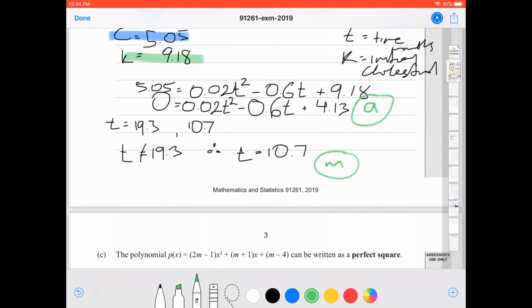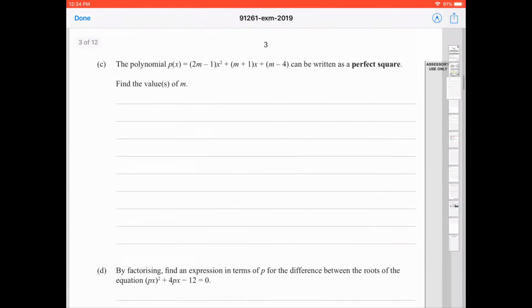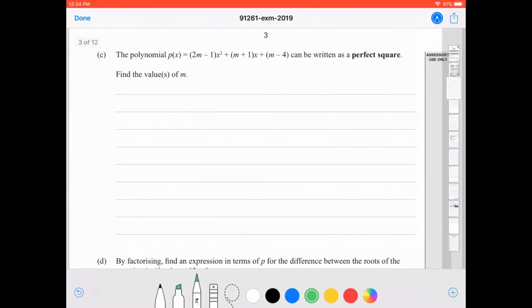Okay, moving on to question 1c now. It says the polynomial p of x equals 2m minus 1 times x squared plus m plus 1x plus m minus 4 can be written as a perfect square.